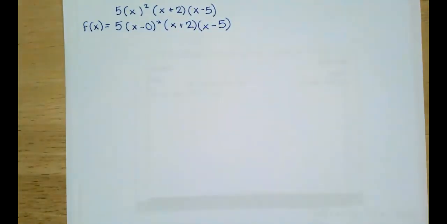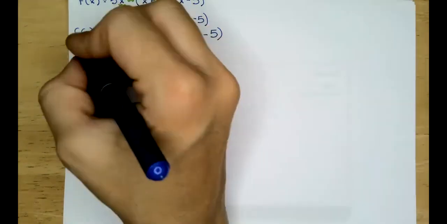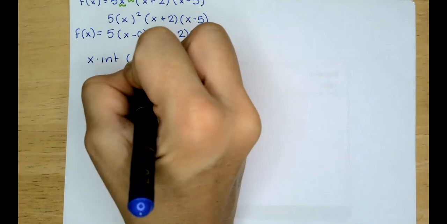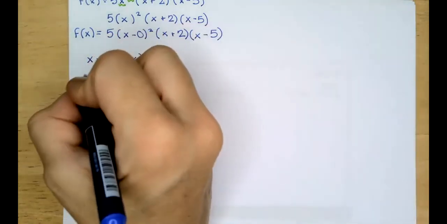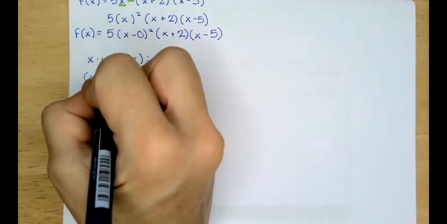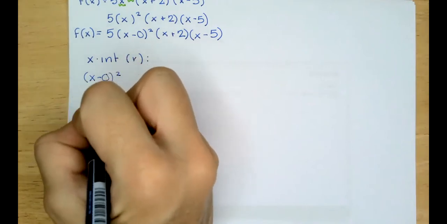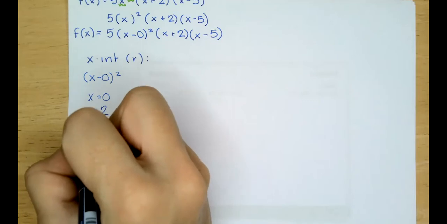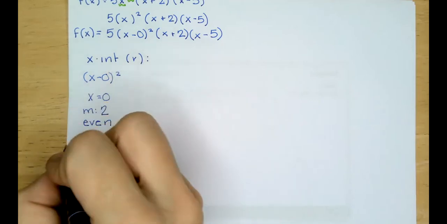Okay, let's find our x-intercepts, or our real zeros. So we have x minus 0 squared. x is 0 with a multiplicity of 2. 2 is even, so it touches.